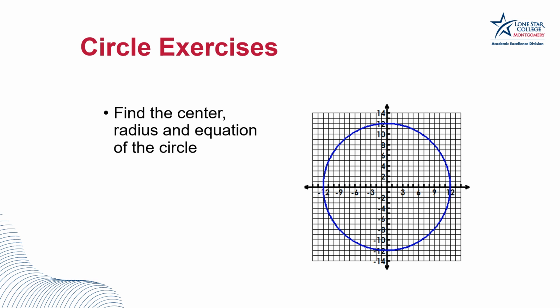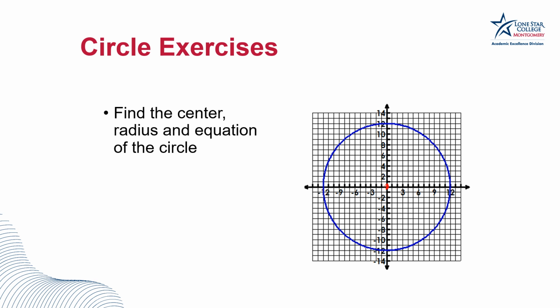We want to find the center, the radius, and the equation of the circle given from this graph here. From this graph, you can actually just look at it and see that the center of the circle will be 0, 0, right at the dead center of our graph, at the origin. Now, determine the radius. The radius, by definition, is the distance from the center to any edge of the circle.